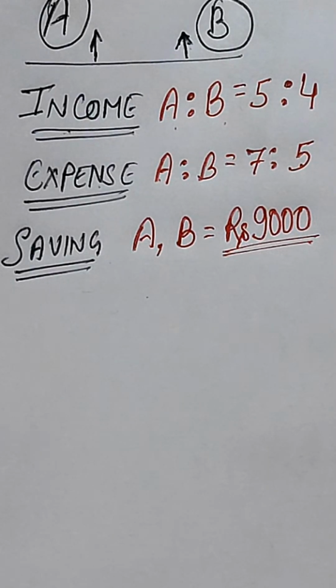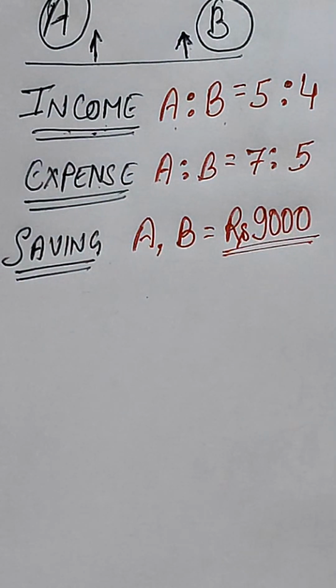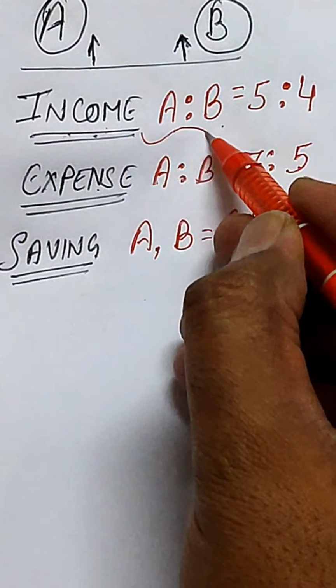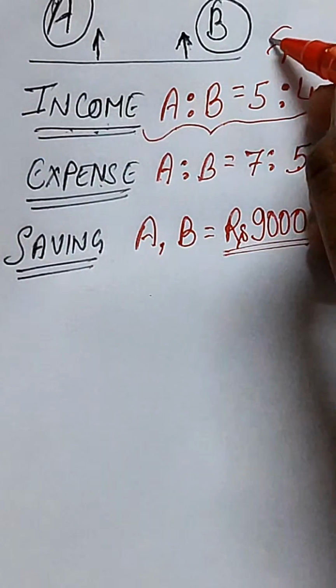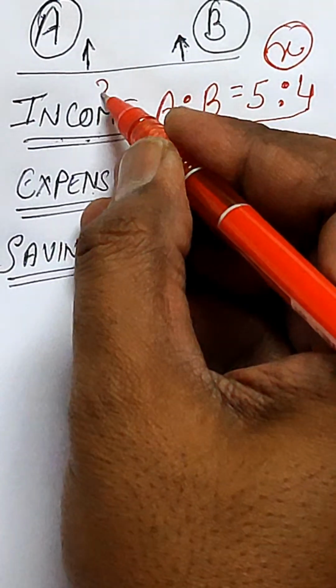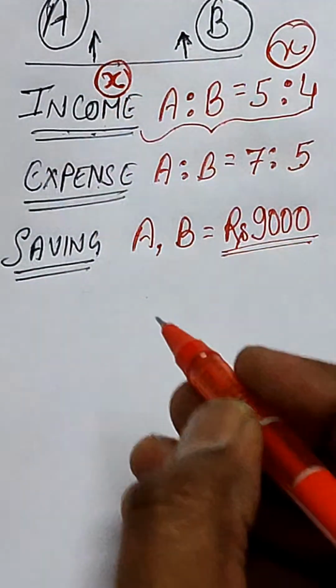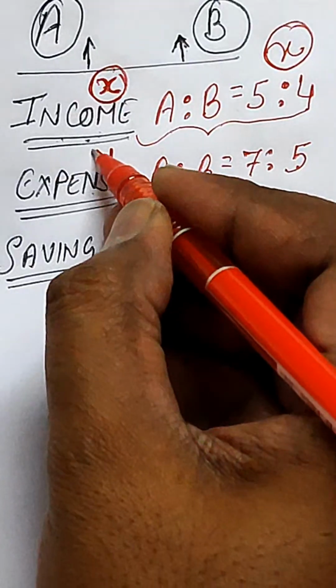You can see the income of A and B is calculated in a variable, and that variable is x, let us say, for the time being. So for income we are saying it's calculated in the variable x, and the expenses are calculated in terms of variable y.